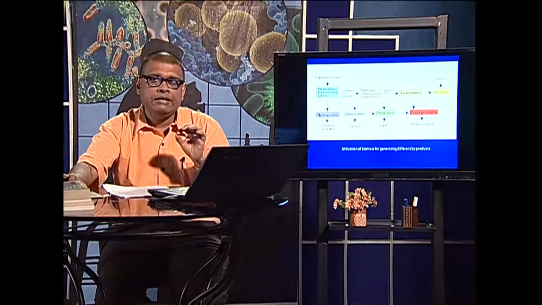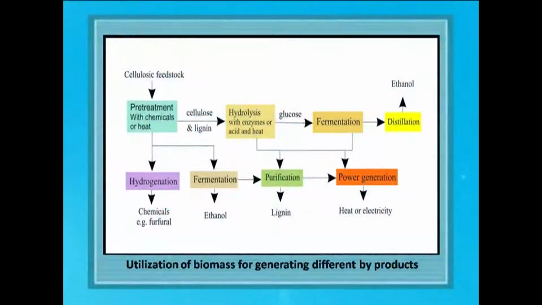Now it is very important that when any particular product is generated, it cannot be a single product. Like you can see, the cellulose which is pre-treated can actually be used for hydrogenation or can be used for fermentation to generate alcohol. Similarly, at a separate stage, the cellulose or plant product can be used for the generation of lignin, and after the fermentation, if ethanol is generated, whatever is the used substrate can be used in power generation through bioelectricity.